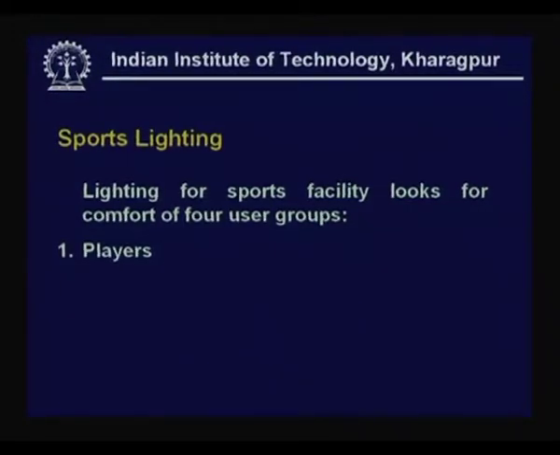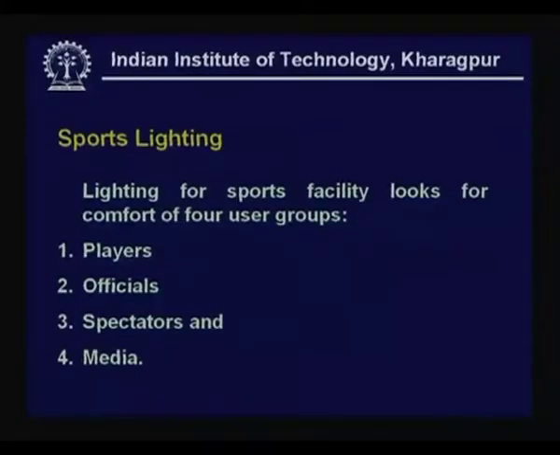They are players who play, officials who basically assess the game, spectators who come to watch the game, and last but not least the media, because today the game being played in one place is allowed to be seen all over the world. So, these are the issues.